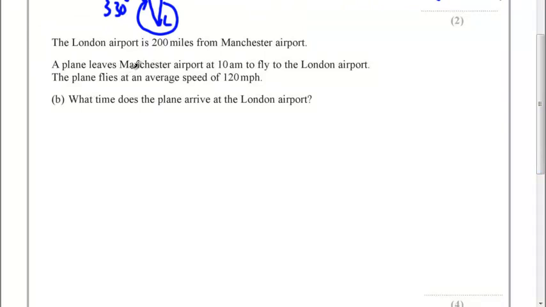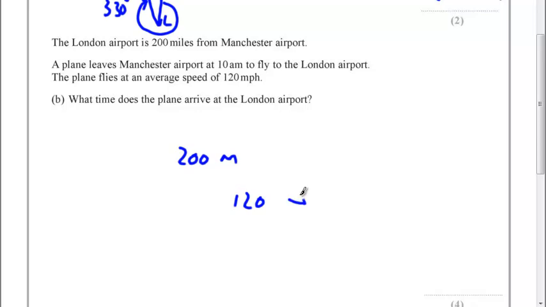The London airport is 200 miles from Manchester Airport. The plane leaves Manchester Airport at 10 AM to fly to the London airport. The plane flies at an average speed of 120 miles per hour. What time does the plane arrive at the London airport? Well, if we've got 200 miles and we're flying at 120 miles an hour, after 1 hour it's got 120.